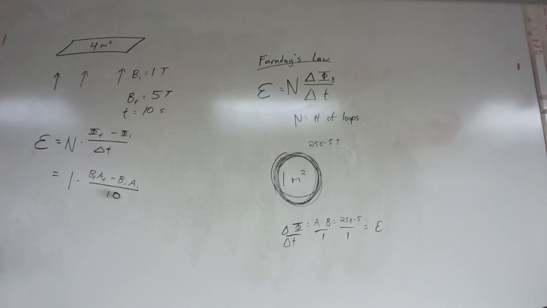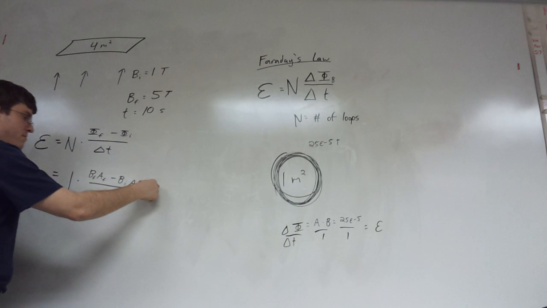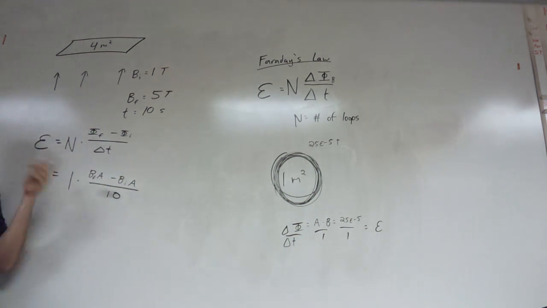Now, quick question. Does my area change? No, my area does not change. So area final and area initial are the same, so we could factor those out if we wanted to.